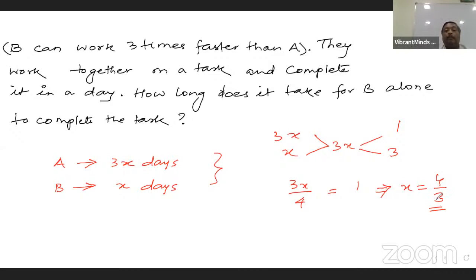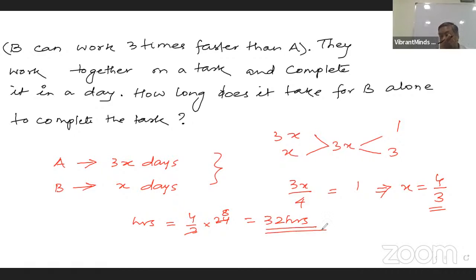Let's say if I am taking 4 by 3 days as hours, 4 by 3 into 24, it will be how much? It will be 32 hours. B will complete it in 32 hours.